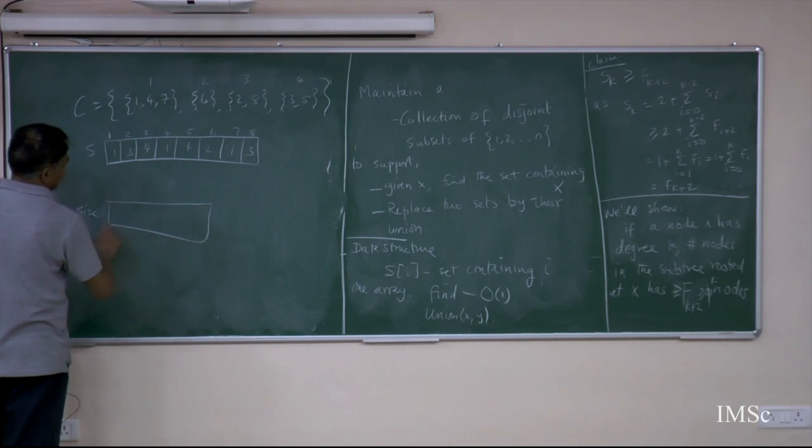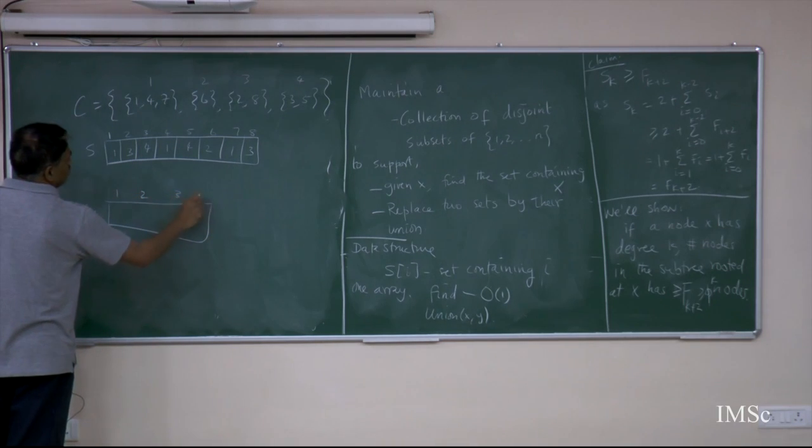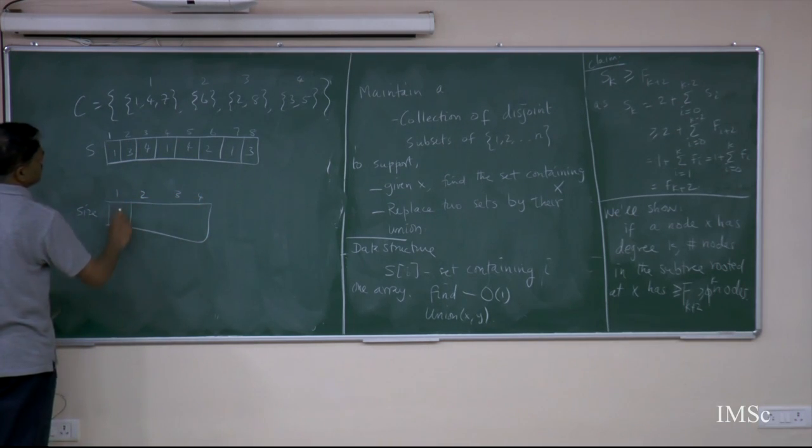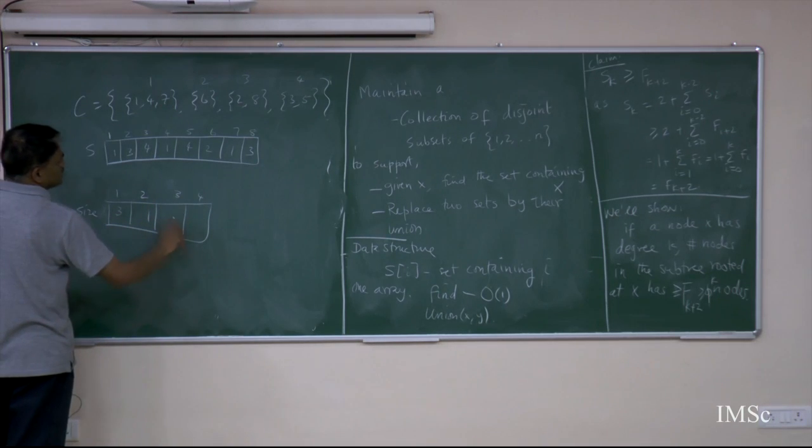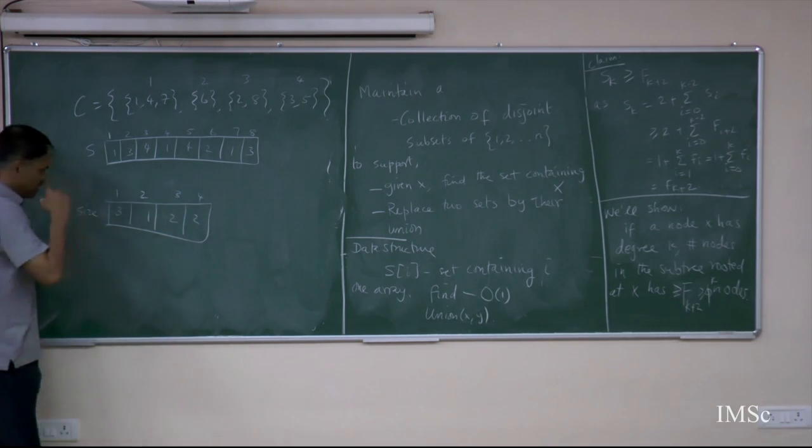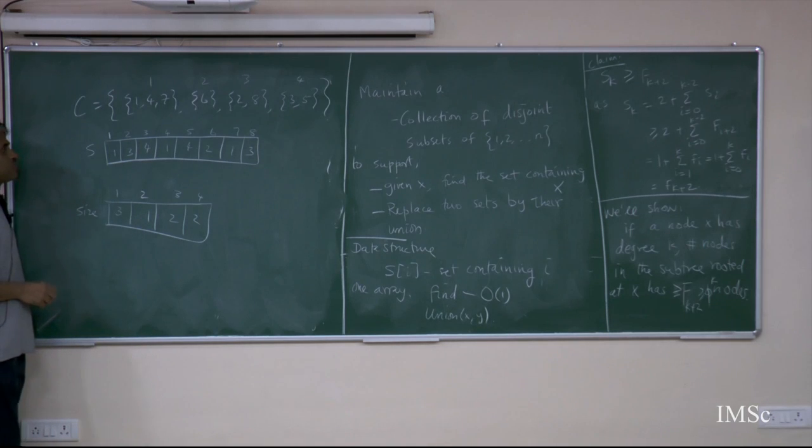In this case, 1, 2, 3, 4, which says the size of set number 1 is 3, set number 2 is 1, set number 3 is 3. So now if you want to merge sets 1 and 3, you go to the sizes and see which set has fewer elements, and change all of those labels. If I can find them faster.